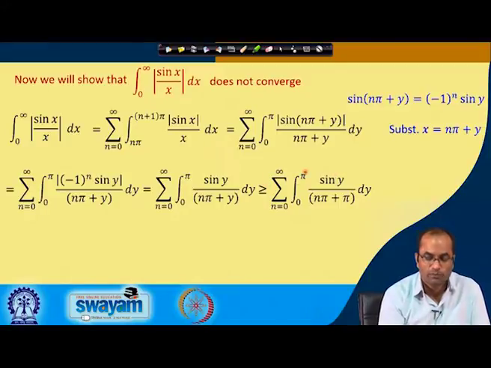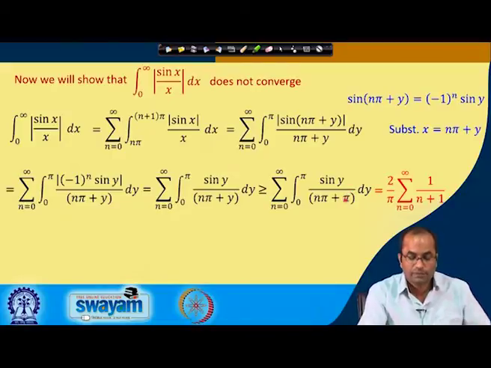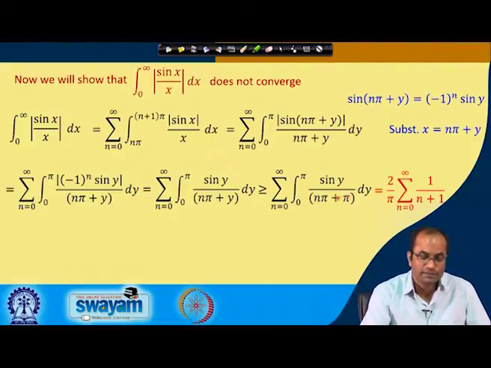So this is a smaller integral, and now because there is no y in the denominator, we can take the π out.